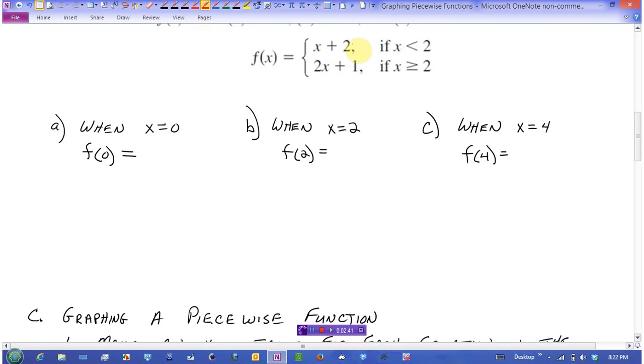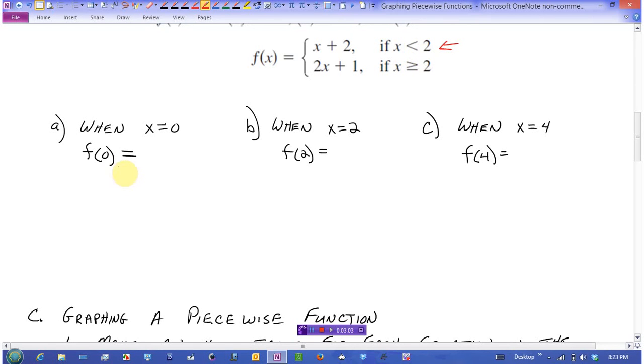Okay, so we can see that I will use x plus 2 if the x value is less than 2. Well, when I'm putting in x equal to 0, and that's written f of x evaluated at 0, it would have to go into this equation here, because that's the equation where I'm going to use x values that are less than 2, and 0 is less than 2.